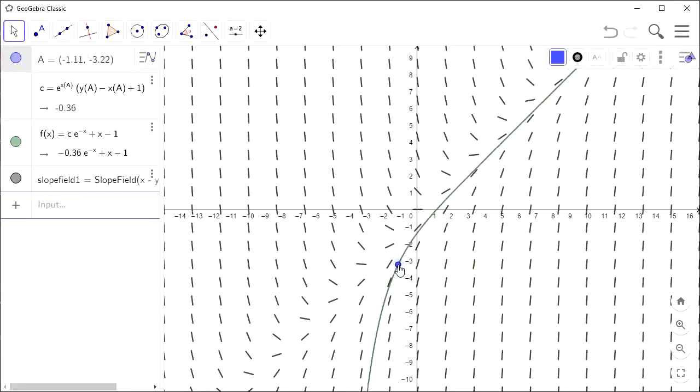Okay, what I really want to convey to you right now is that through every single point in space, there is a solution. And what's really important is that you understand that there's only one solution. Okay, and so no matter what, we should end up with a unique solution if we already know one of the points that is actually on the solution curve.